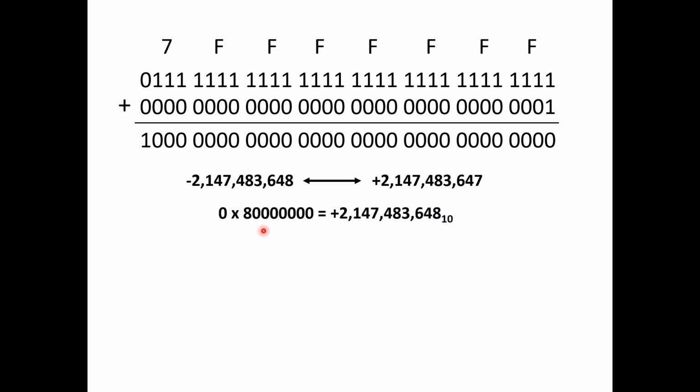Because the result is hex 80000000, which is equivalent to positive 2,147,483,648. Clearly, hex 80000000 is out of range for the 32-bit signed number. Therefore, V equals 1 in this case.